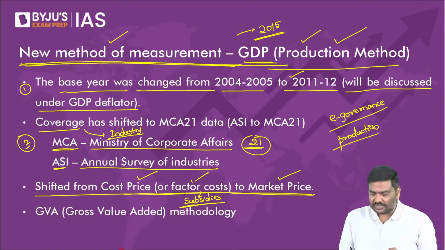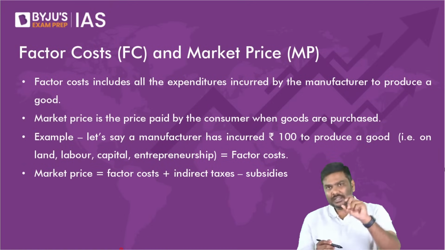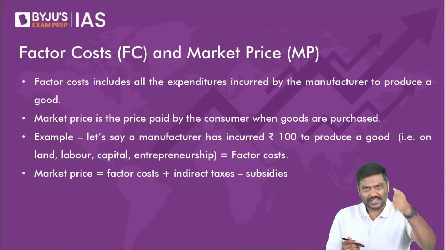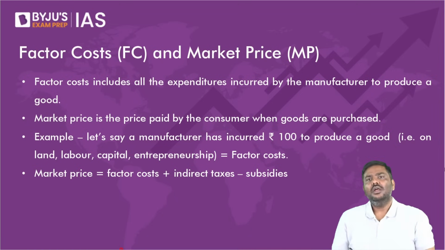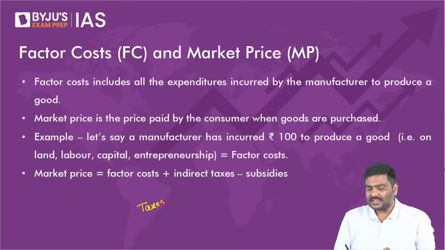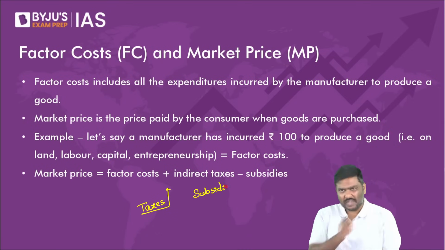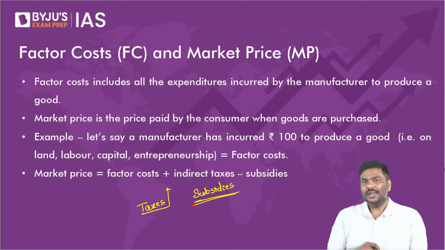Think of this very carefully. Do you remember the statement that I gave yesterday or the day before yesterday, where I said the taxes will increase the market price of the product, whereas the subsidies will reduce the market price of the product? The day before yesterday, the FAME initiative. I'll repeat it again.